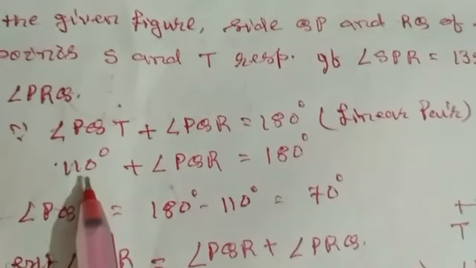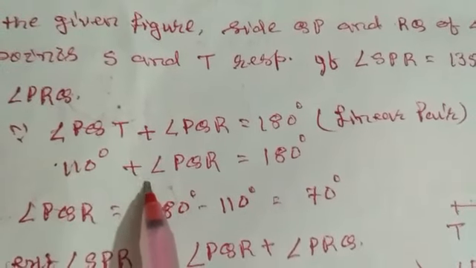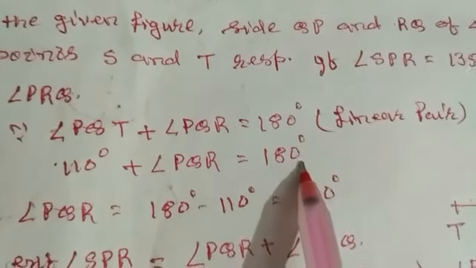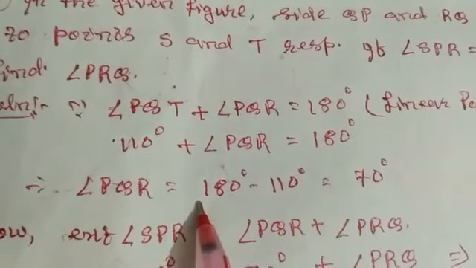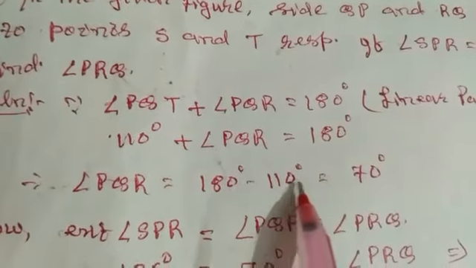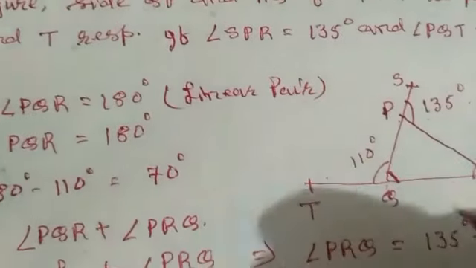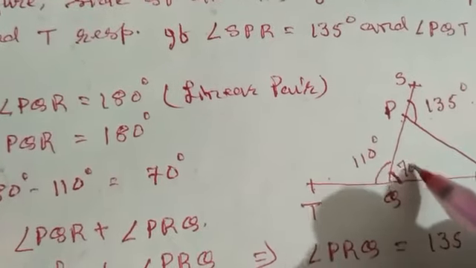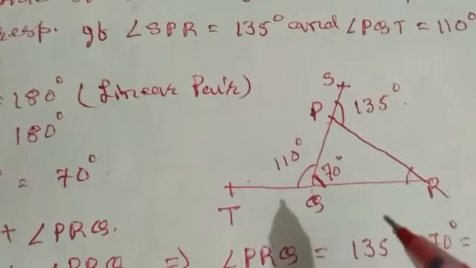So substitute the value of angle PQT, that is 110 degree, plus angle PQR equals 180 degree. On solving it, we have angle PQR equals 180 degree minus 110 degree, which is equal to 70 degree. So we got the interior angle Q equal to 70 degree.